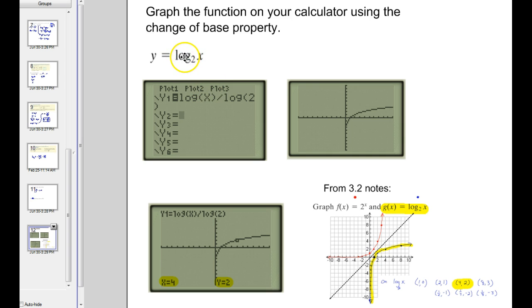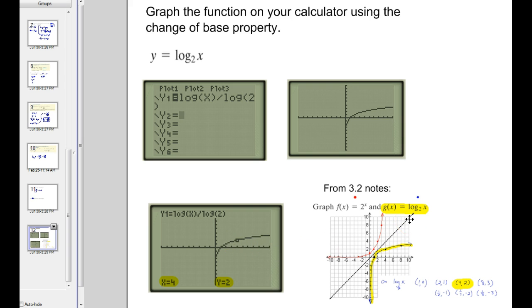So the common log of x divided by the common log of 2 is the log base 2 of x. So we use the change of base property to be able to graph. Okay, and this is just showing you that that point that we said would be on there, because of the reciprocal, 2, 4 means 4, 2 is on the log base 2, and then we see right here 4, 2 is on that.